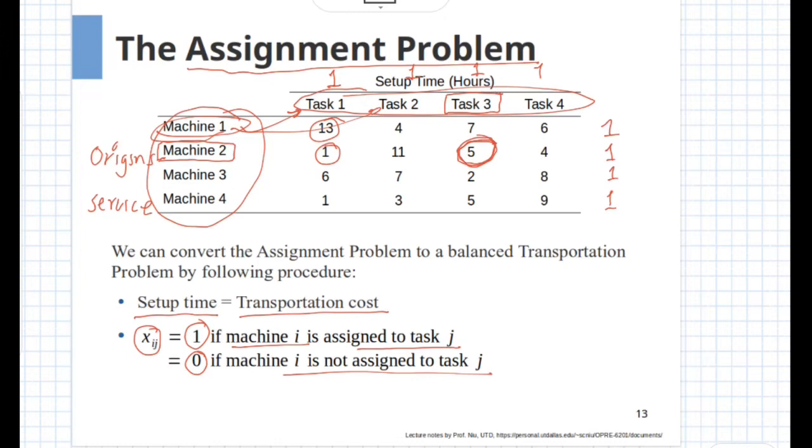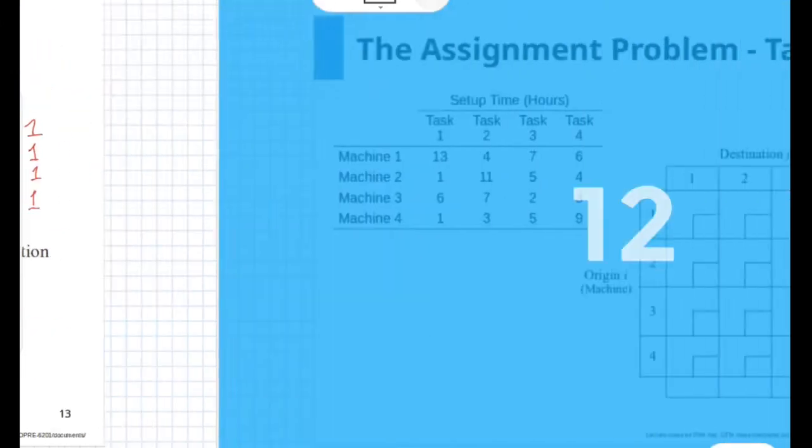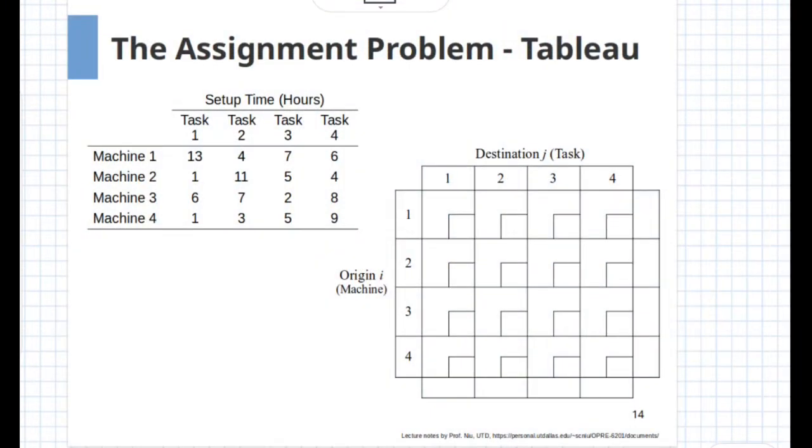We'll see how the tableau can be written for the given problem. In this case, we have 4 machines, which are the 4 origins. Each machine has a single unit of service available, and each task demands a single unit of service from the origins.